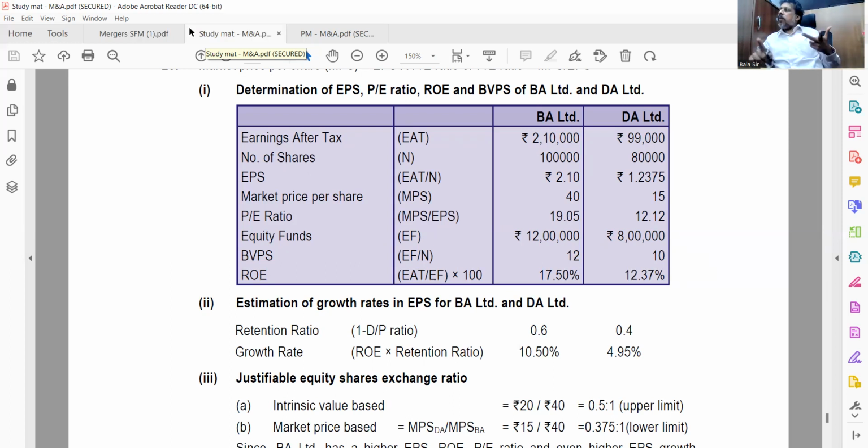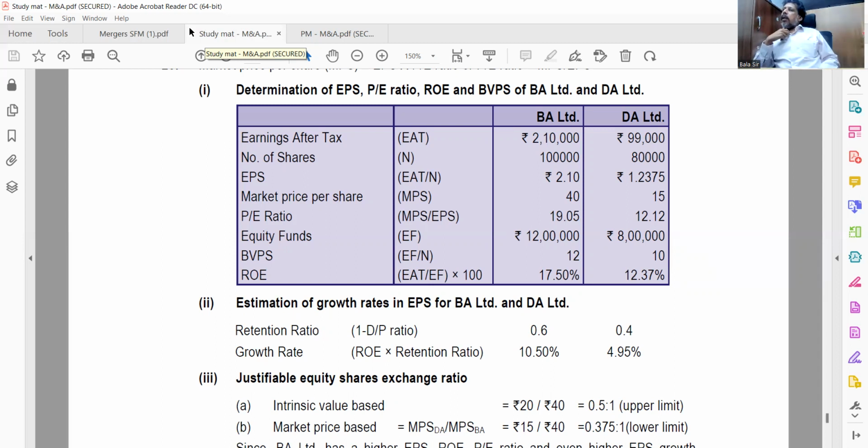Now, how many shares are you guys holding in your company? All your friends are holding 80,000 shares. Tell me, what is the worth of your company? Take a calculator, 80,000 shares into 15, how much? 12 lakh. Exactly. Your company's market value is around 12 lakh rupees, right?